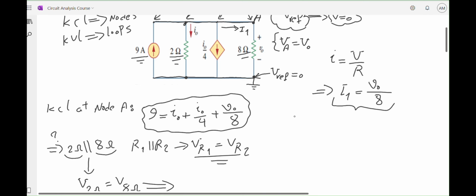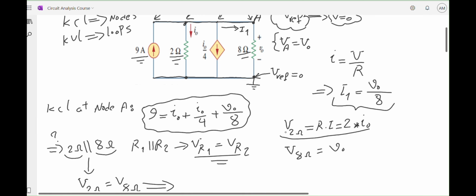Again, from Ohm's law, I can say the voltage across the 2 ohm resistor is V equals R times I. What is the resistor? It's 2. And what is the current? As you can see, it's IO. So the voltage across 2 ohms is 2 times IO, and the voltage across 8 ohms is VO.